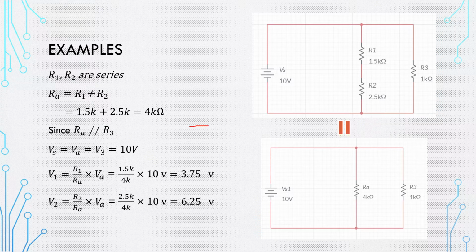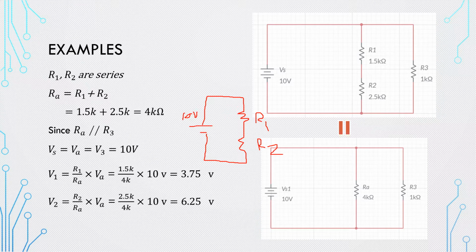You can draw a small circuit here with a voltage source, so this is your new circuit. Why can I do that? Because I know the voltage source, I know the voltage I need to distribute among these two resistors in series. But since they are in series, they're going to have different voltages, and I'm going to apply VDR to find the voltage across each one. So this is the small circuit. This is an imaginary one, with R1 and R2.